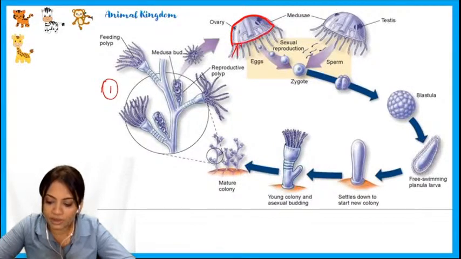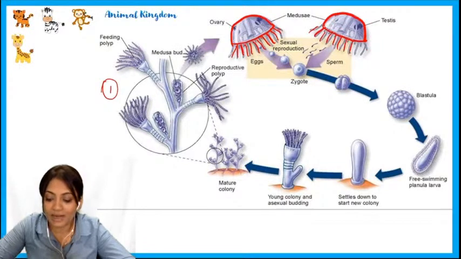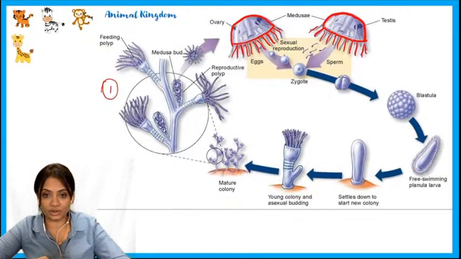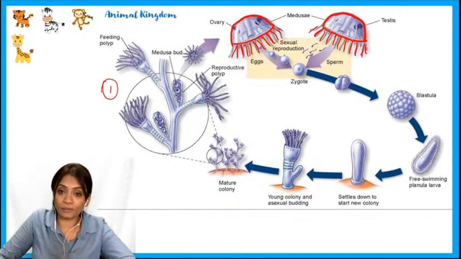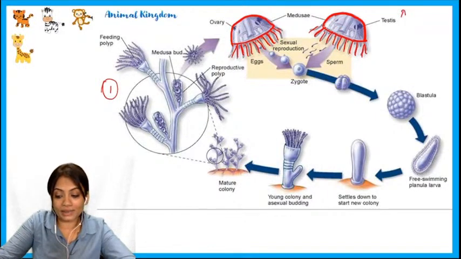Can you see here how these are umbrella shaped bodies? One, and this second one also is an umbrella shaped body. Now this umbrella shaped body that you're seeing, isn't it a form which I can call the medusa?